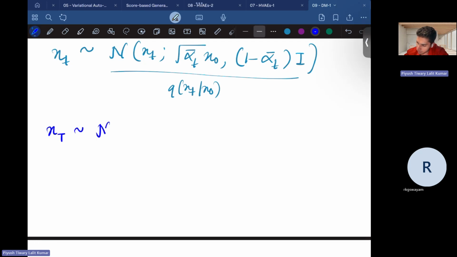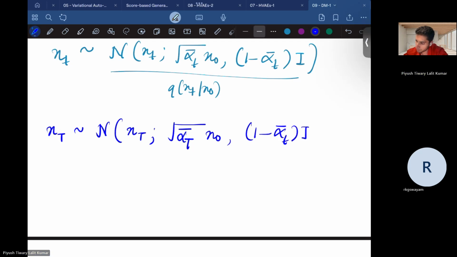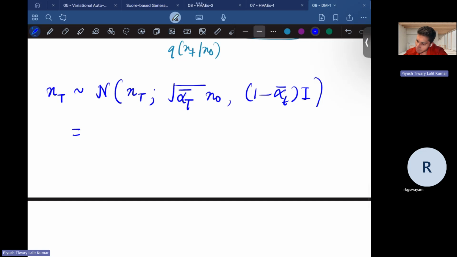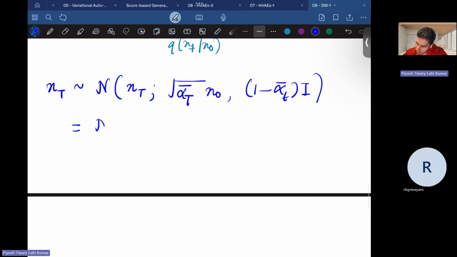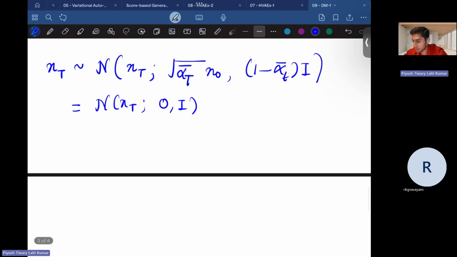This will be distributed as Gaussian: p of x capital T is normal with mean square root of alpha capital T bar x naught, and variance 1 minus alpha T bar I. And we want this distribution to be equal to normal x_T with mean 0 and variance I, isn't it? This is what we want from the third condition.